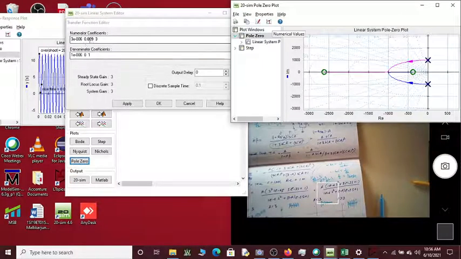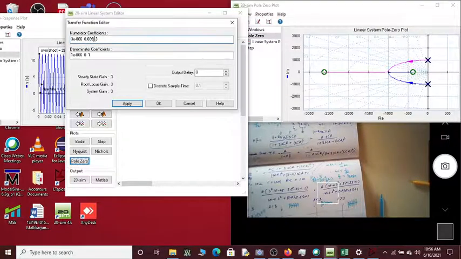Suppose if I make this as 0.87, which is for a gain of 2.9. This is for, I think, 2.9 as a gain. Let me make this 2.9 on the numerator, and this becomes 0.1 e power minus 3. So I'm just substituting the value of A here. If A is 2.9, then this becomes 0.1 e power minus 3.